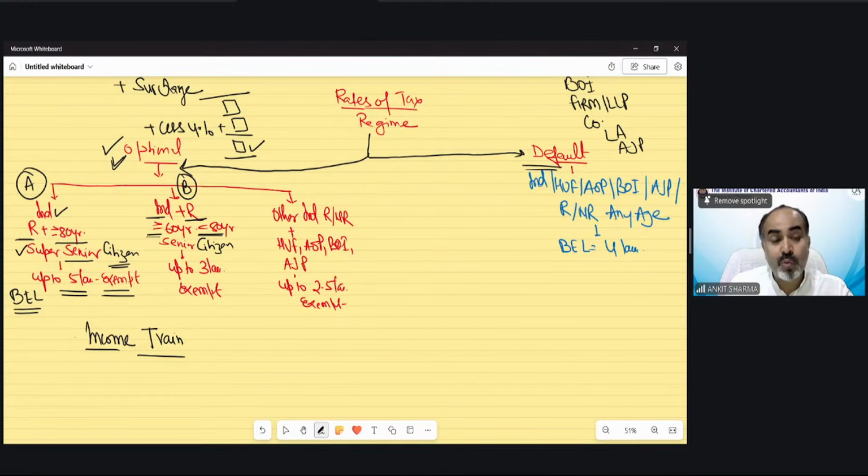So these are super senior citizens and these are senior citizens. For these, the basic exemption limit is 3 lakh rupees. Do any of you or me fall in this category?